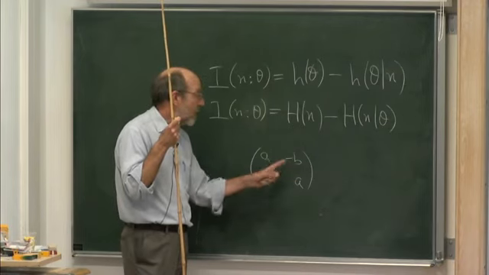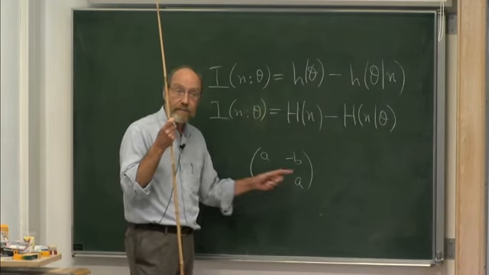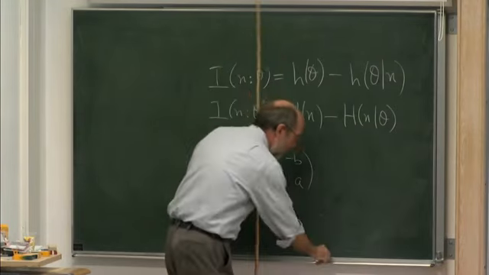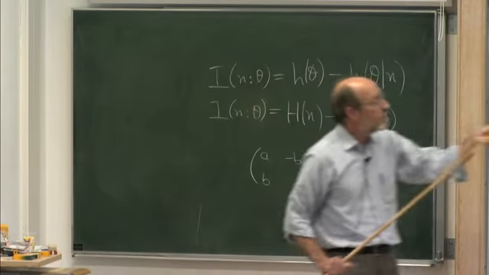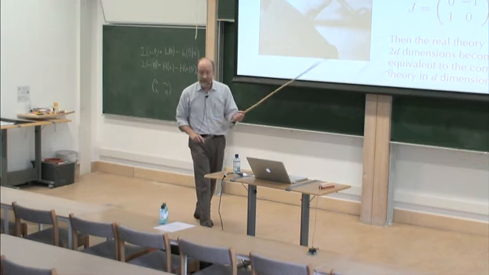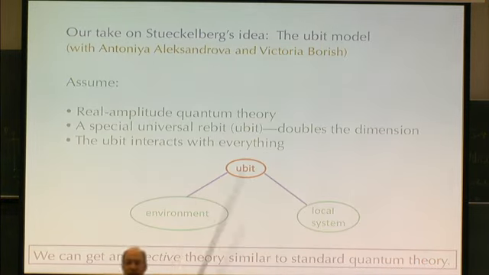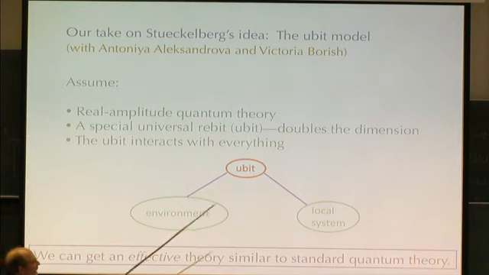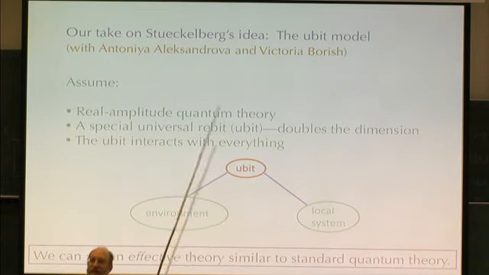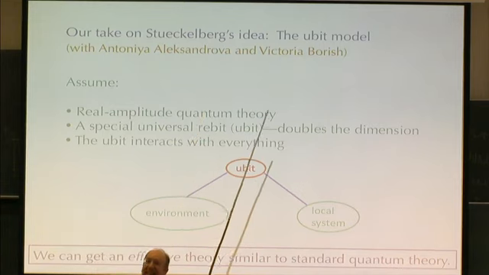That's the real part, and this is the imaginary part. So you can imitate complex numbers by imposing this requirement on everything. Okay, so we don't want to do that. We don't want to impose any requirement. We're just going to see if that requirement can come out automatically, dynamically.